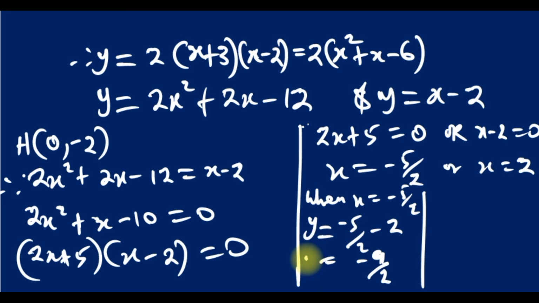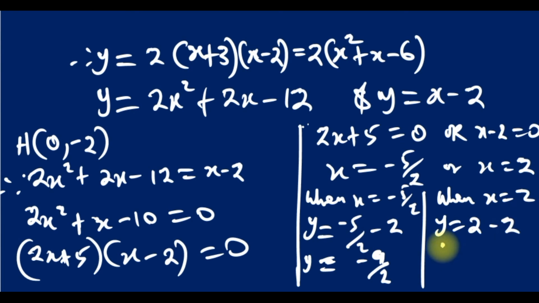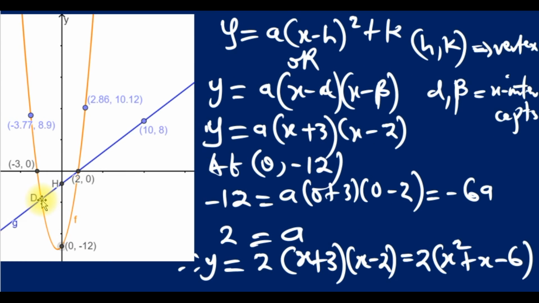So that's our value when x is minus 5 over 2. When x is 2, y is 2 minus 2, so y is 0.